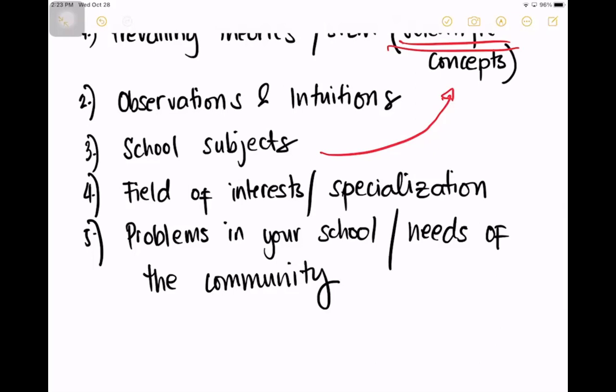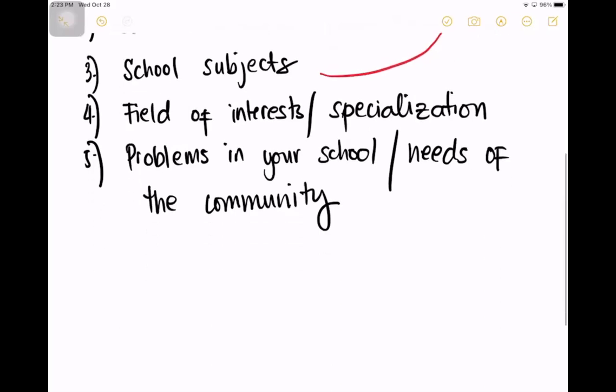So if you already identify that, okay, this could be a problem, and let's try to find solutions to these problems, then you already have your topic, your significance, and later on your recommendations.